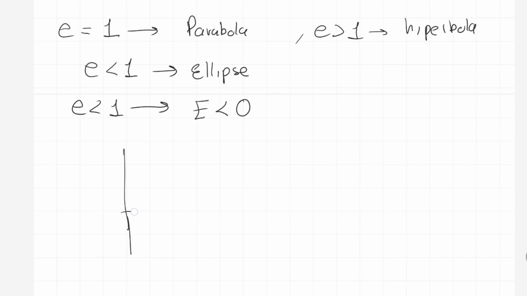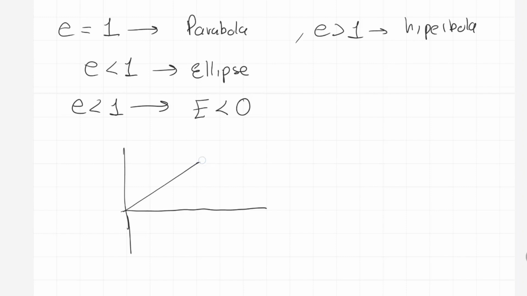Now, to simplify this, we are going to explain the following. If we have the reference system here, for example, let's say that the motion starts at theta 0 equal to 0, we can just rotate the axis to establish that the x-axis will match with the motion of the position. This is going to be the same as saying that theta 0 is going to be equal to 0.